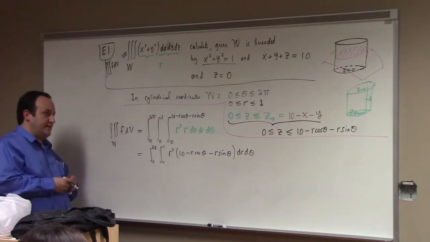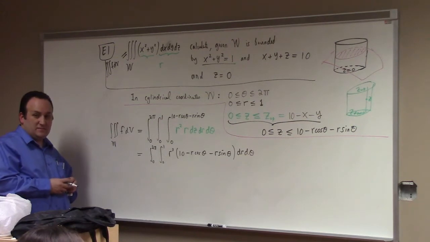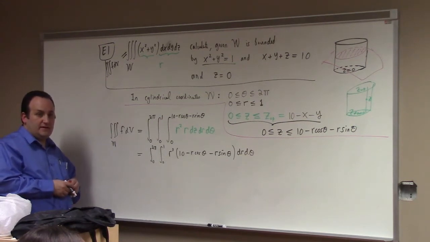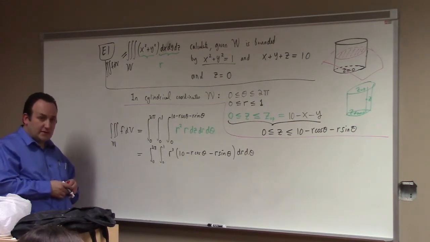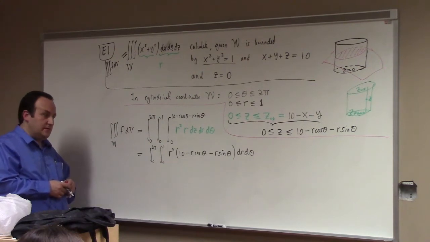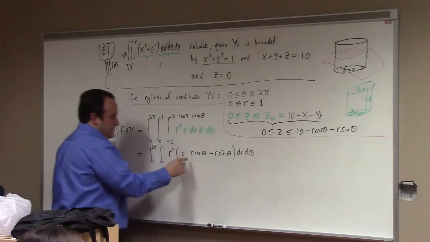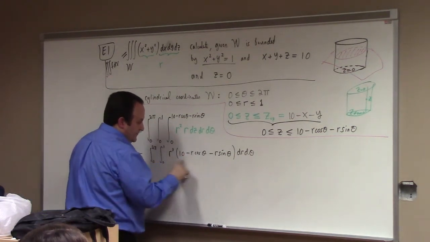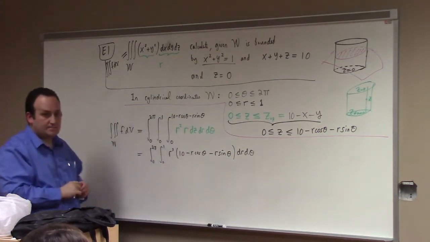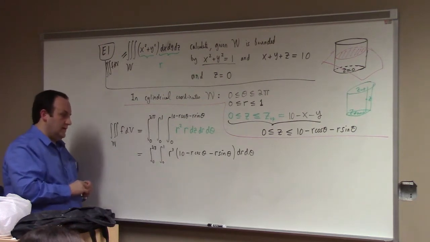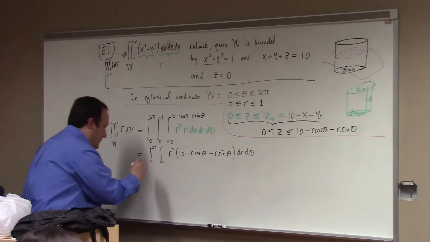The reason for that is I'm just integrating dz, right? The integral of dz gives me z. And z evaluated from the lower bound to the upper bound just gives me exactly this. So the z integral just works out to what I have in parentheses, okay? I'll make one more step before I go further.